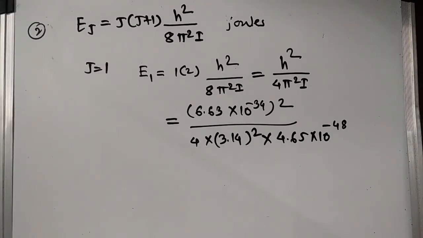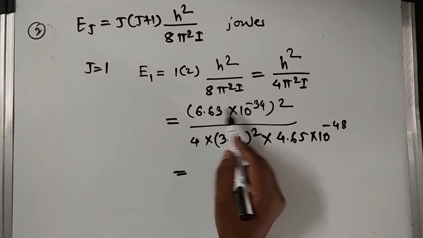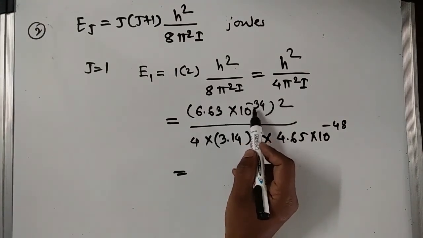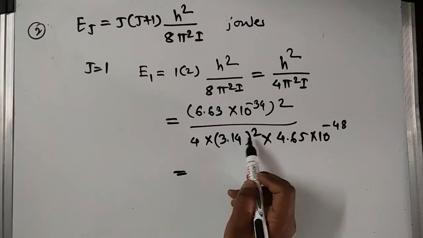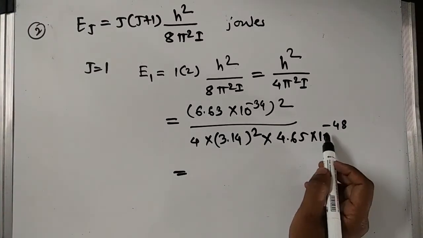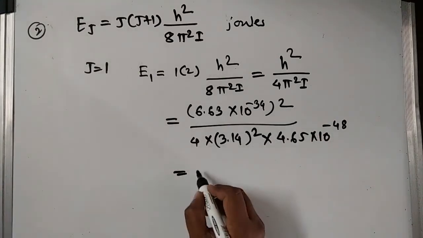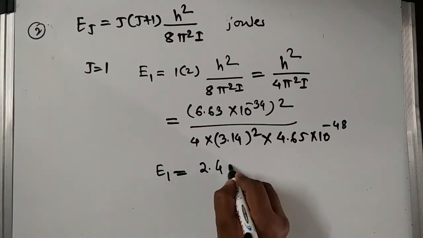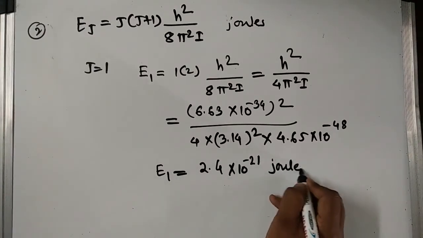If we square this term, the square of this gives 10 raised to minus 68. If we take this 10 raised to minus 48 to the numerator and calculate, the calculated value of E1 is 2.4 into 10 raised to minus 21 joule.